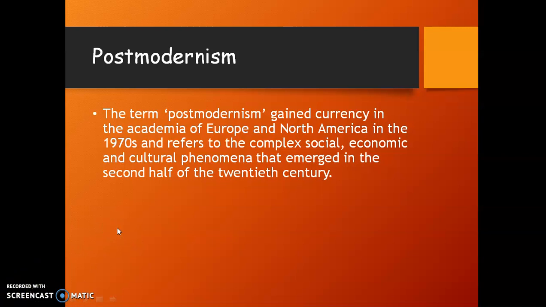You can think of globalization, you can think of the various sorts of art forms which were hitherto not considered to be proper art. They were considered to be pop art or popular art.